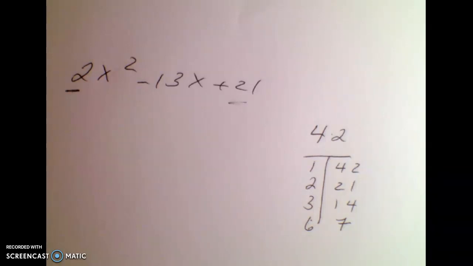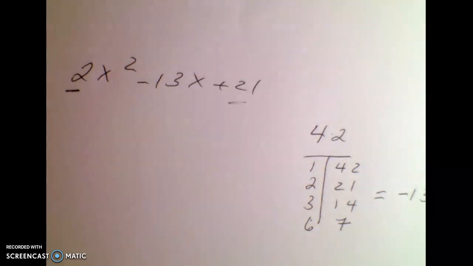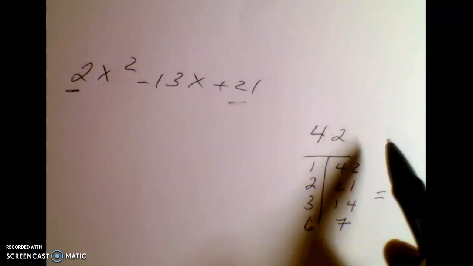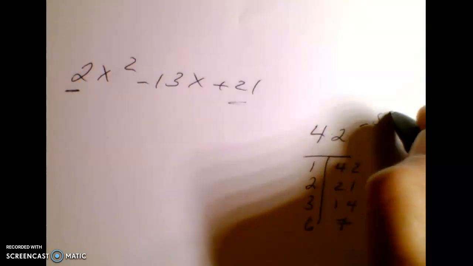So I need two numbers that when I add them together give me a negative 13, and when I multiply them, give me a 42. All right, so let's look here. One of them has to be positive and one of them has to be negative. Oh, I take that back. So this is a positive 42. If it's a positive 42, they both have the same sign.